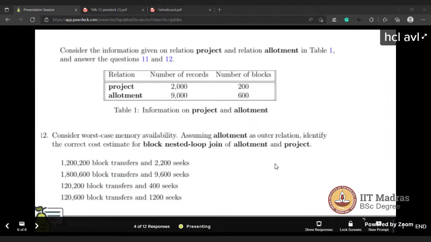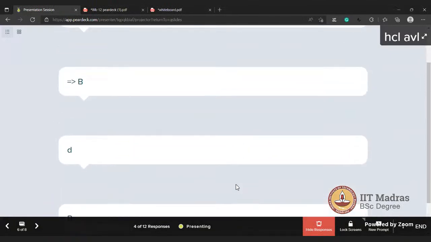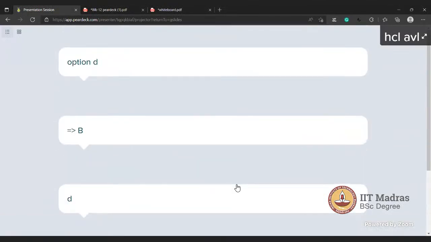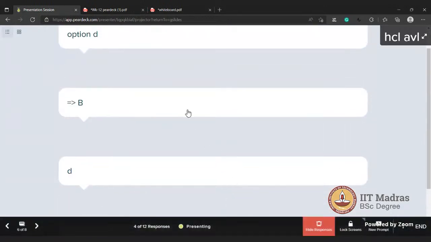So we got 4 responses. Let me see the responses. Option B. So a maximum of 2 students got an incorrect answer. So let's discuss.